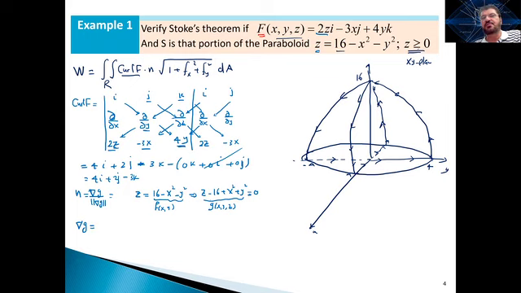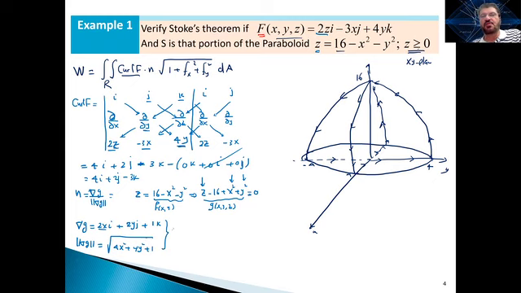So what's the gradient of g? It's the partial derivative of this with respect to x, which is 2x i, plus the partial derivative with respect to y. Everything is 0 except here, 2y j, plus the partial derivative with respect to z is 1k. The magnitude of the gradient of g is equal to the square root of the square of the first, which is 4x squared plus 4y squared plus 1.